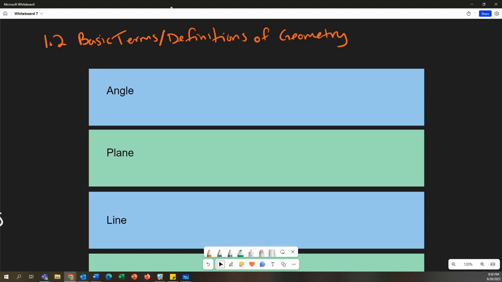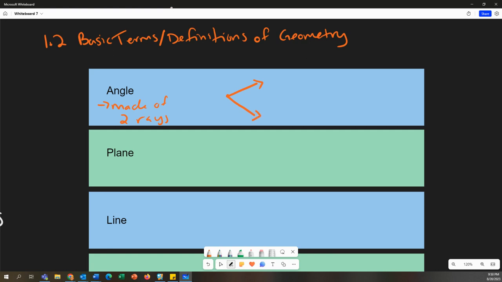An angle you've probably seen before, we just haven't named and labeled it. So an angle is made of two rays. A ray has a point and shoots off one direction, and then from that same point shoots off another direction.